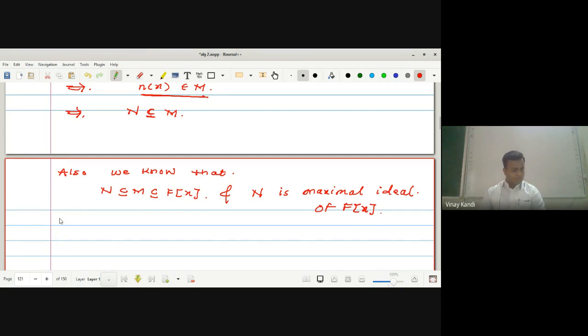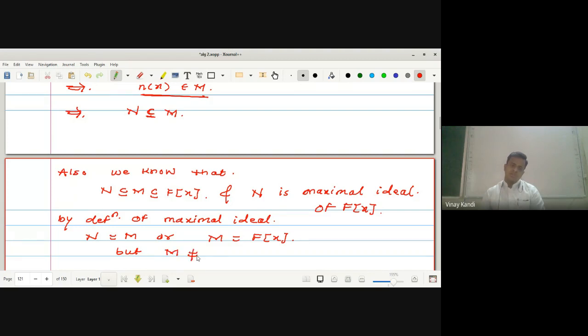Okay, by the definition of maximal ideal, we have N is equal to M, or this M is equal to F of x. But M is not equal to what? Capital F of x.